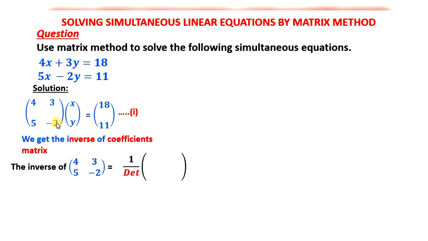So negative 2 will take up the position of 4, so that we have negative 2 right here, and 4 will take up the position of negative 2, so that we have 4 right here. And then for the second diagonal, we'll negate them, that is, we multiply them by negative 1, so that we have negative 3 and negative 5.